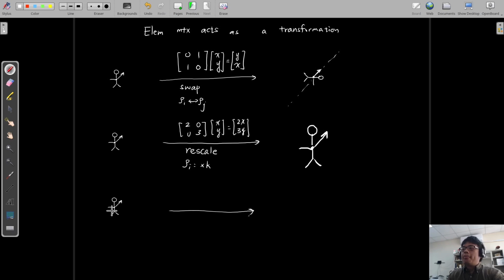So the last one is the action that multiplies one row by a certain scalar, and then adds it to the other row. And for example, if I do this, okay, if I have xy, then it becomes x plus 3y.